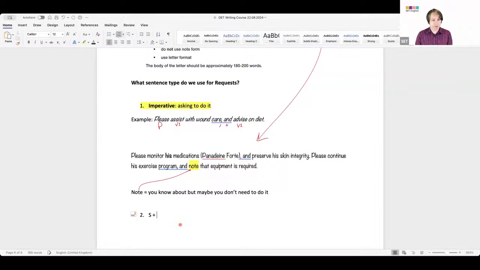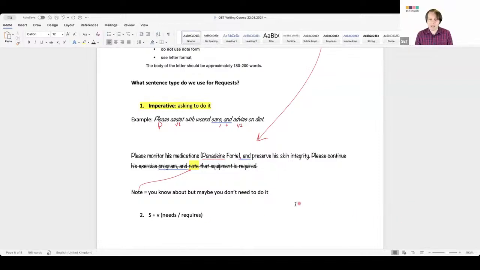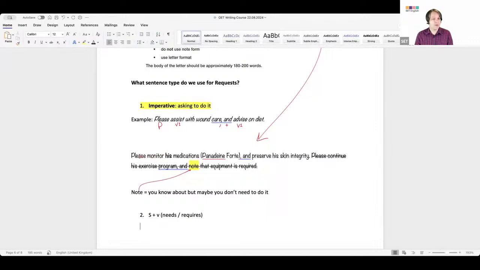Look, subject plus verb with needs or requires. Okay? So, for example, this one, I'm going to change this. I don't like it. It's repetitive. Instead, Anna, help me out here. I want to start with subject and verb. Julie, Mei Ling, Shara, start with the subject, right? What is the subject?